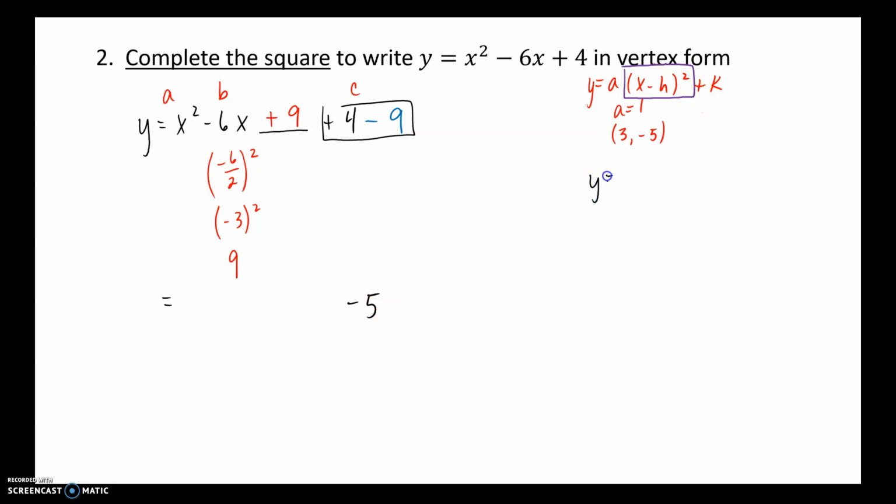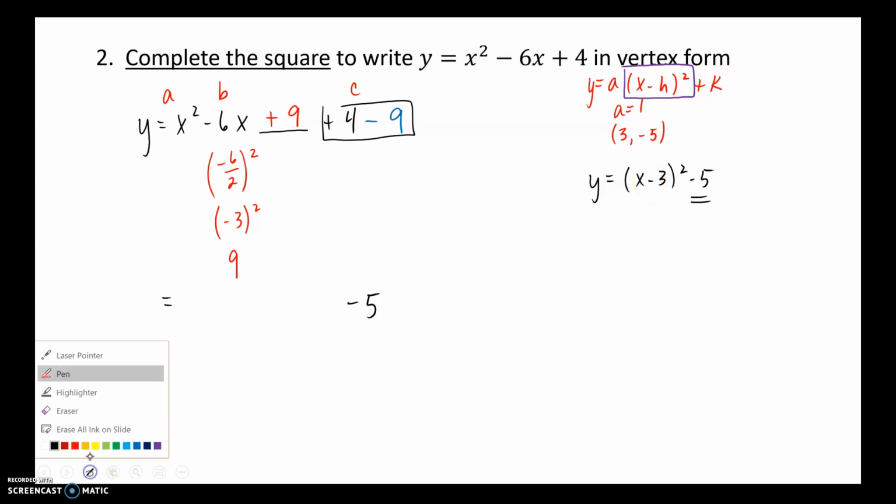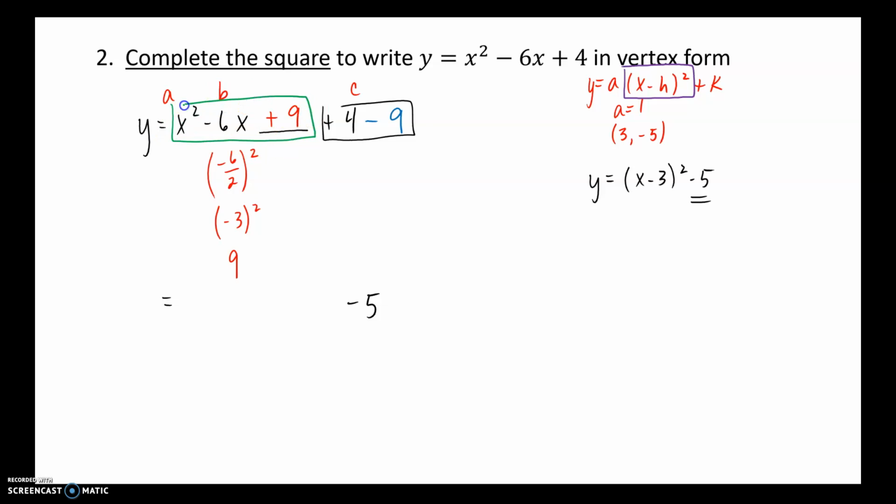Remember from the previous slide, we already know what the answer should be. So I already have my minus 5. How do I get it to be squared? Well, what you're really doing is factoring this thing, but it always factors into some quantity being squared. What's that quantity? That quantity will be x minus 3. Let's think about where those things came from.